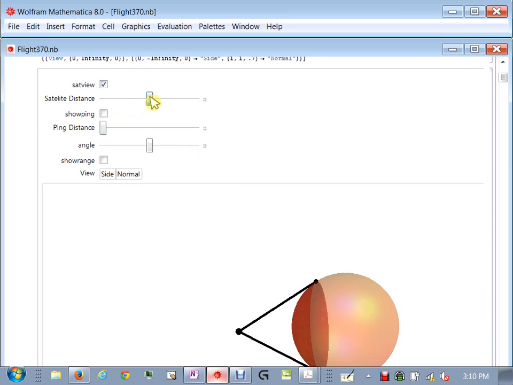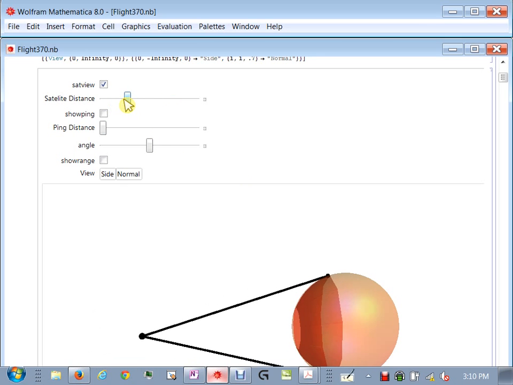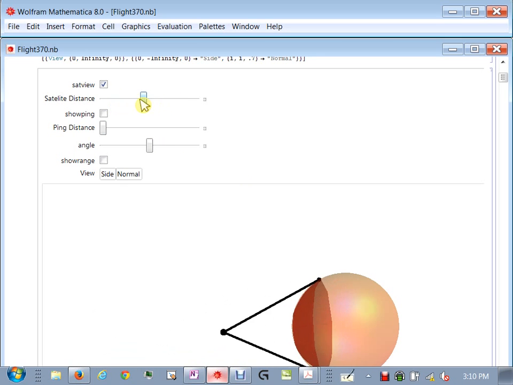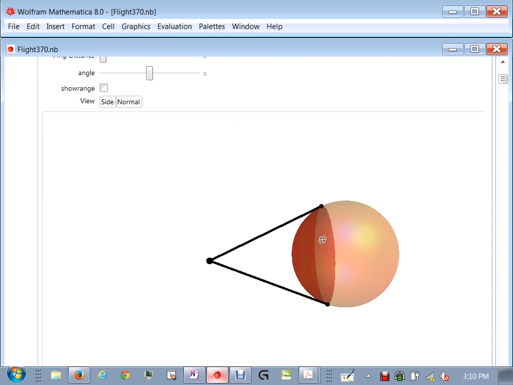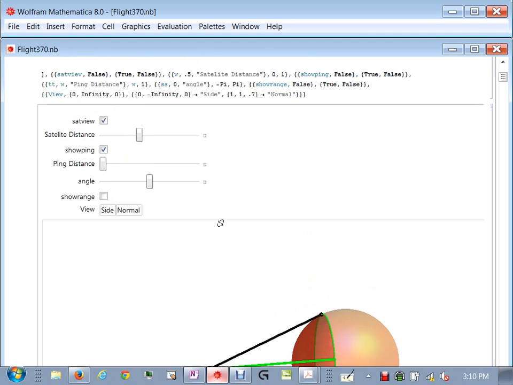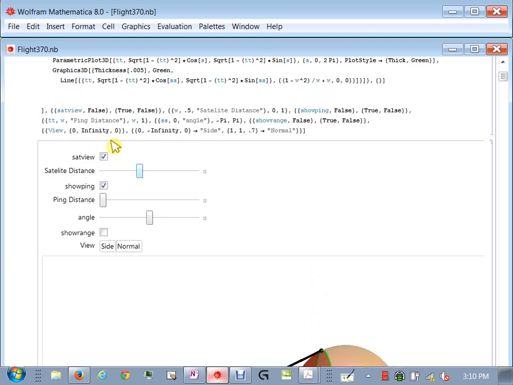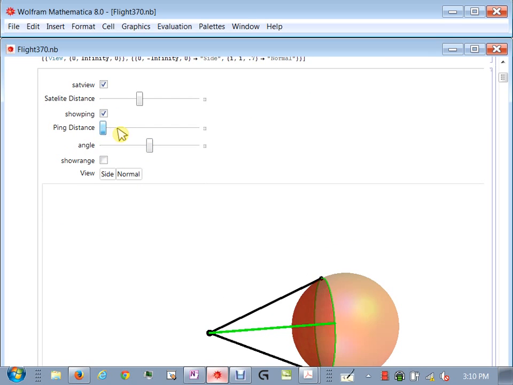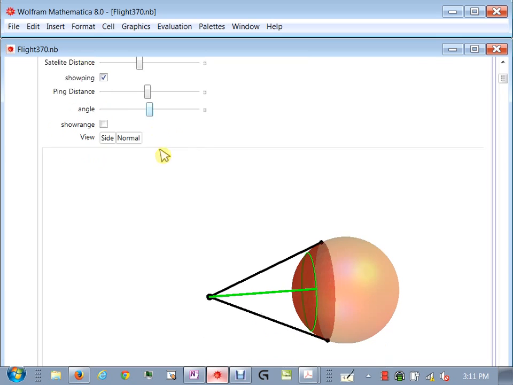And if I move the satellite closer in, it can't see as much of the Earth. If I move it further away, it can see more, right? So we had some satellite sitting out there, and well, you know what? This may not be my final version, so it may not look good. Ping distance. Well, it's good enough.